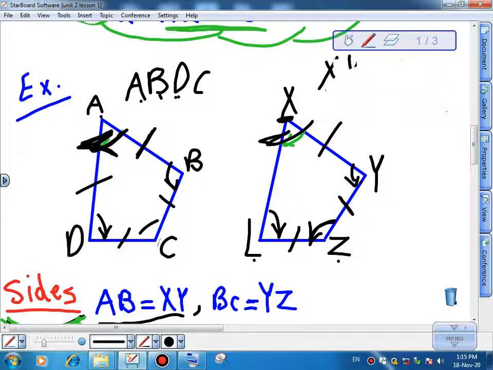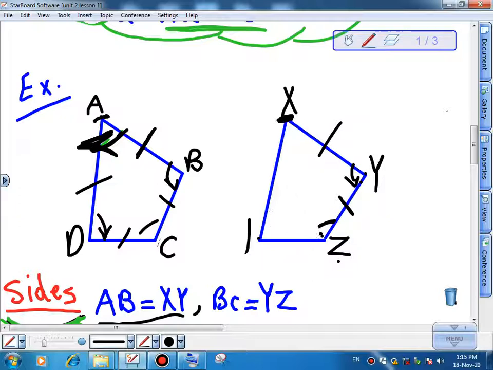All vertices are congruent. Okay? So we start from A in the first polygon. We must start in the second polygon with X, not with Y, not with Z, not with L.